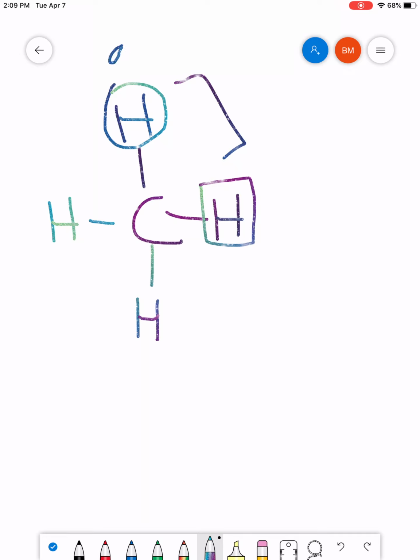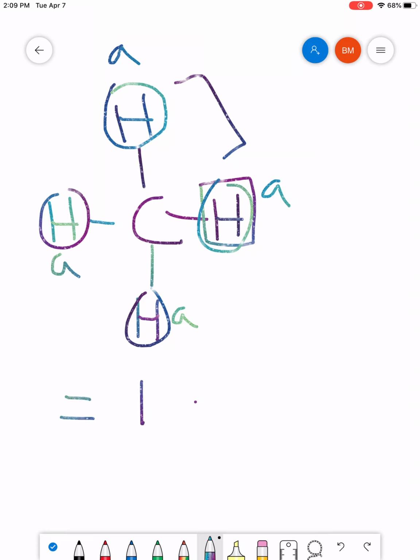So we could say that these were all in group A, right? Okay, so you only have one unique set, so that means on an NMR spectrum, you would only see one signal. Pretty easy to identify that with methane, right?